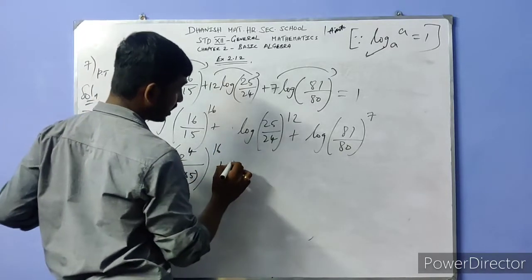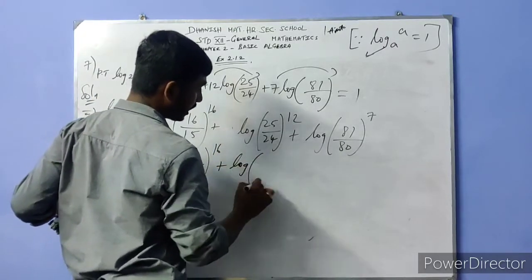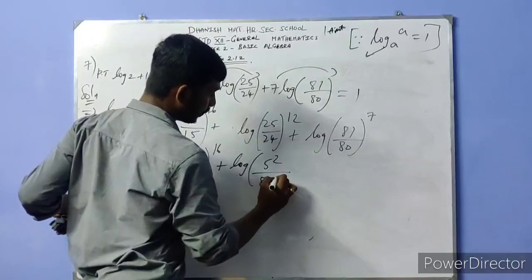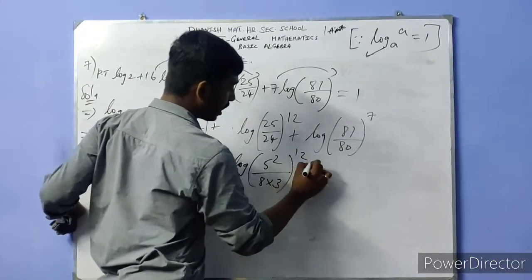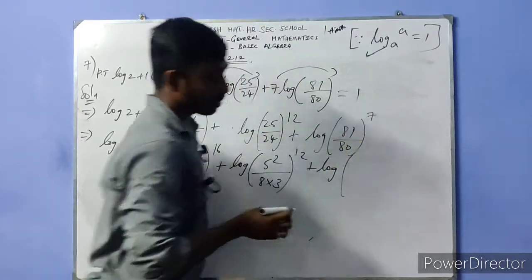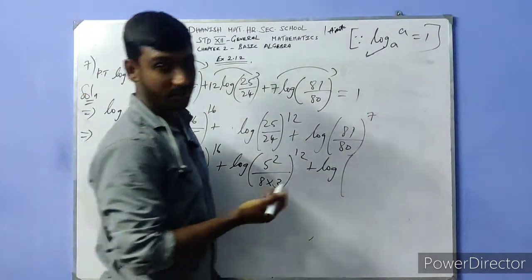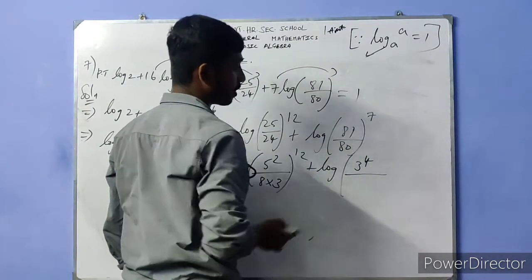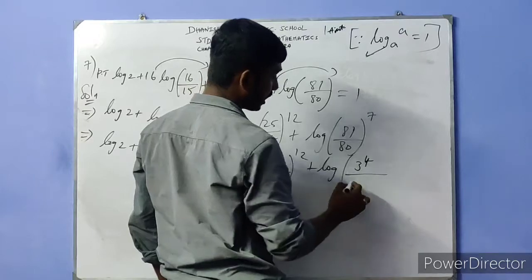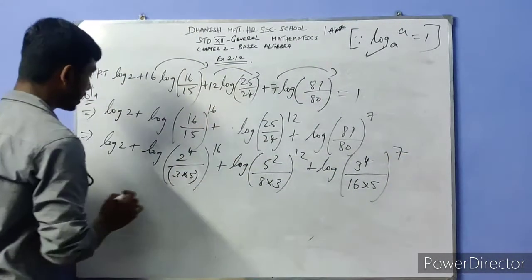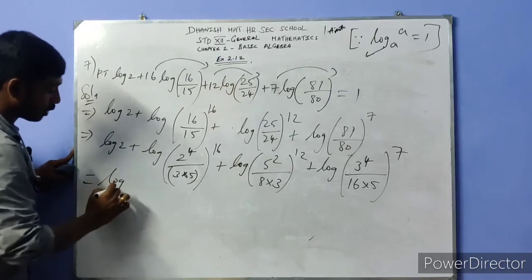Next, log 5 square divided by 8 into 3 power 12, plus log 81 itself, you have to use like this. Whatever method you are using, this one 3 power 4, I am using 3 power 4. This 80 you have to write like this, 16 into 5, power 7 here. This power will be split up into numerator and denominator.